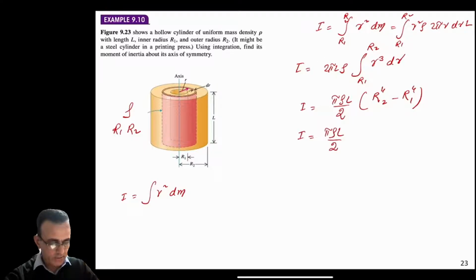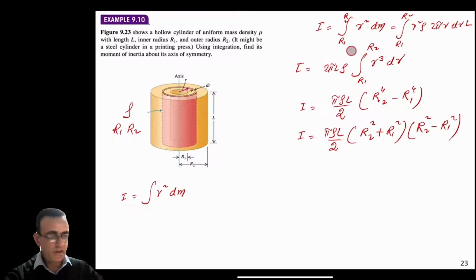Now for this specific cylinder, you can write this as L divided by 2 times R2 to the fourth minus R1 to the fourth. The volume of the cylinder is obviously pi L into R2 square minus R1 square.